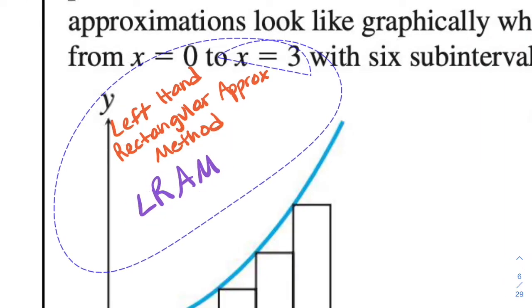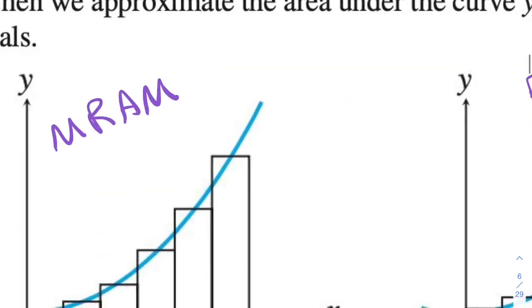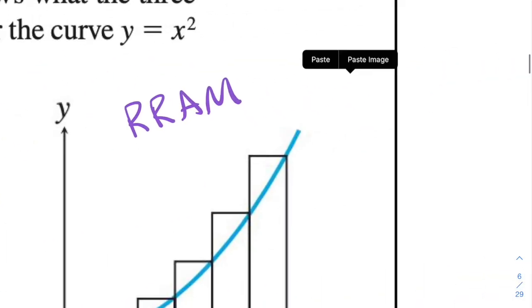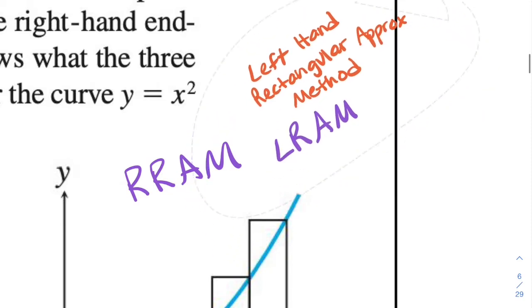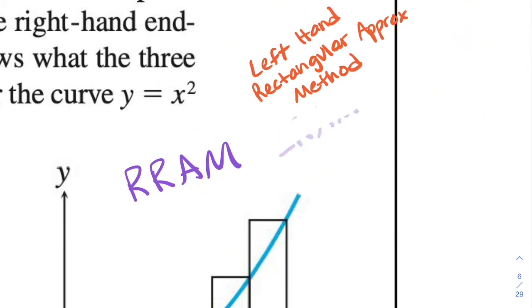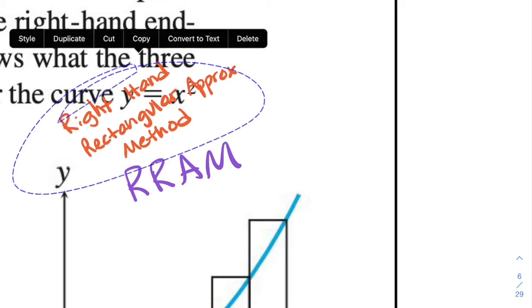The next method we have is what we call the RRAM, and that is the right hand rectangular approximation method.